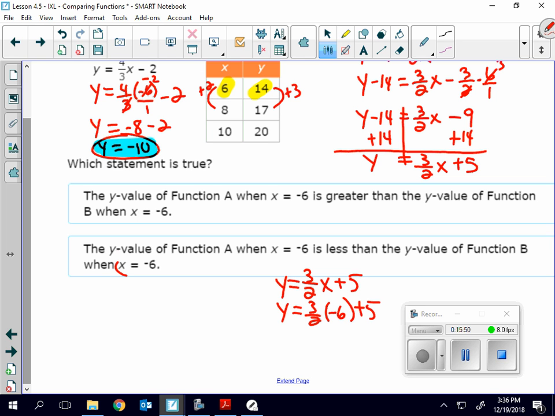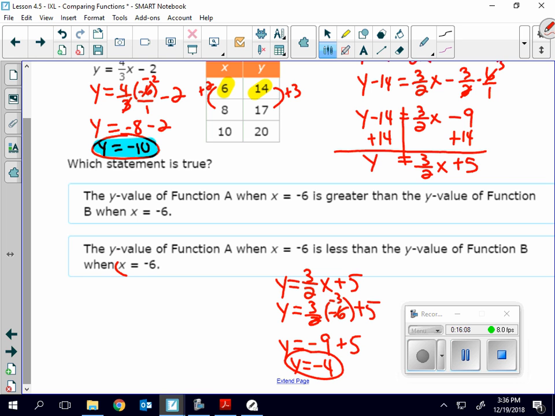3/2 times -6 is, let's see, divide these by 2. I'll get a -3. That's a -9 plus 5. And that's a -4.